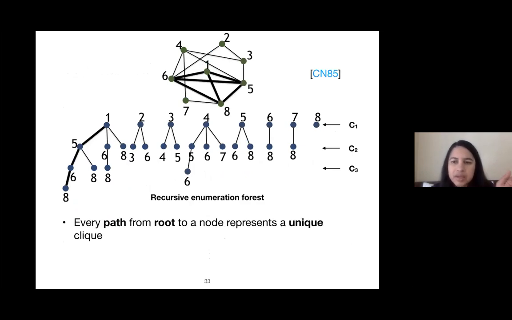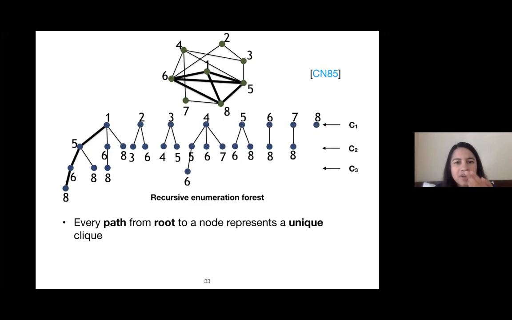At level 1, we have all cliques of size 1. At level 2, we have all cliques of size 2. So basically, the way to interpret this is that any path from the root to any node in this tree represents a unique clique from the original graph.